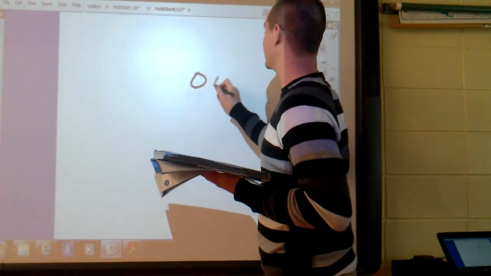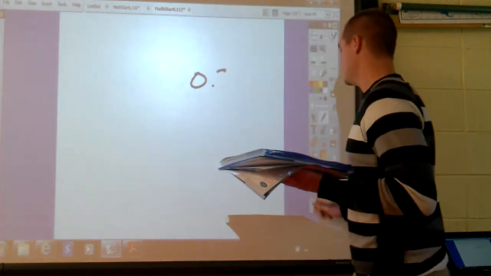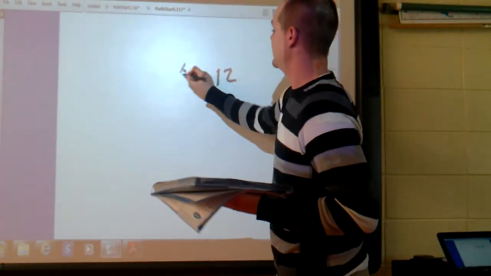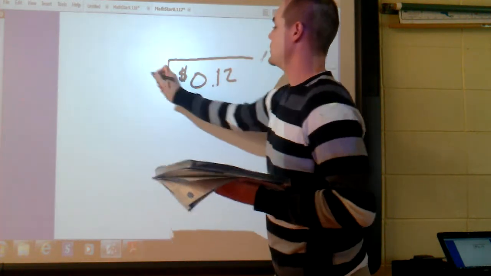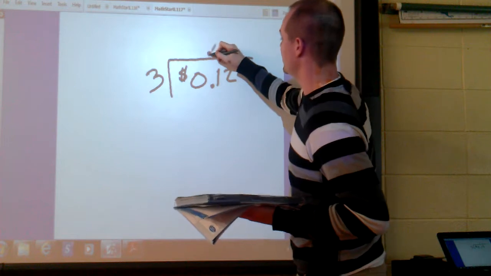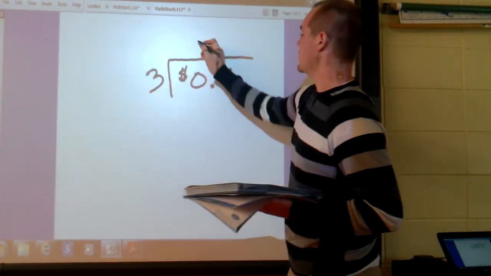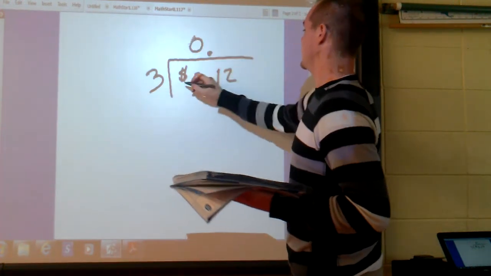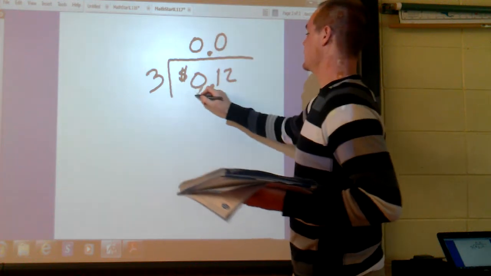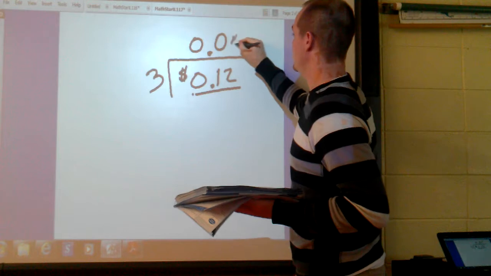Suppose that 12 cents, so we have $0.12, is split up evenly between 3 people. When you divide by your decimal, you bring your decimal straight up. 3 goes into 0 0 times. 3 goes into 1 0 times. 3 goes into the number 12 4 times.